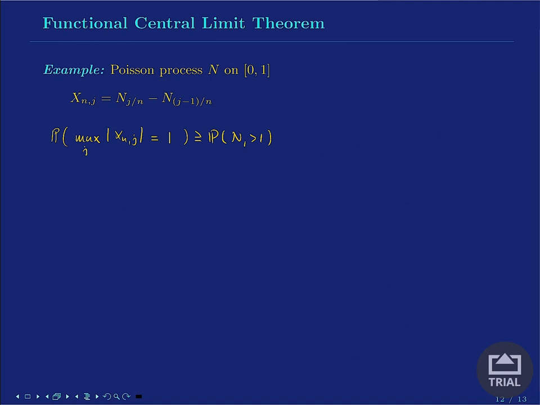If you don't have an event, then of course there are no jump points, and consequently all the xnj's are 0, and the maximum cannot be 1 or larger than epsilon.